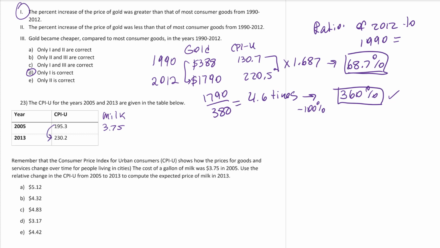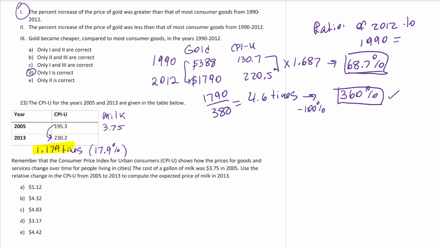I'm going to do a quicker way where I'm just going to do the ratio. So the CPIU 230.2 divided by 195.3 gives me a ratio of 1.17 times. By the way, again, that translates to 17.9%. You see I'm removing the 1. That's how you go between the ratio and the relative change.